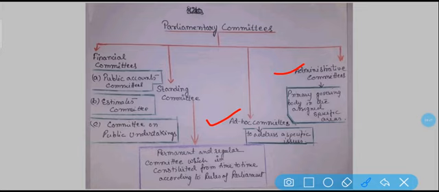So this is called administrative committees, where a particular primary governing body will be appointed to look after specific areas or specific issues. So these are the four important committees which are important for the parliament for smoothly running its functions or roles in a particular way.